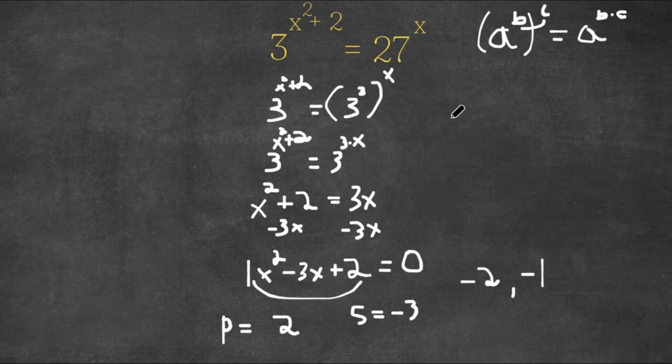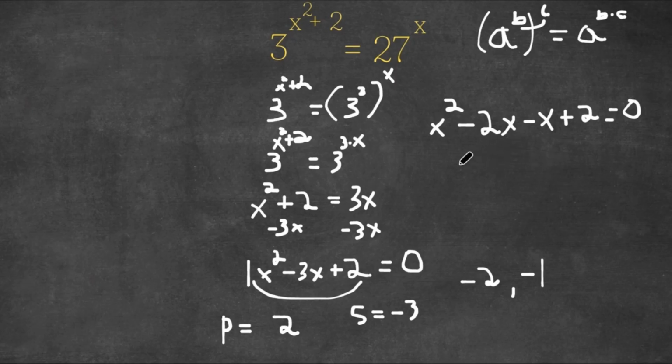So now our equation is going to be x squared minus 2x minus x plus 2 is equal to 0.